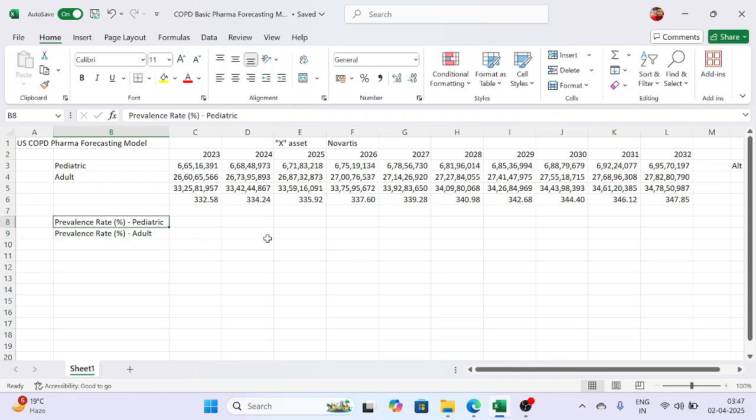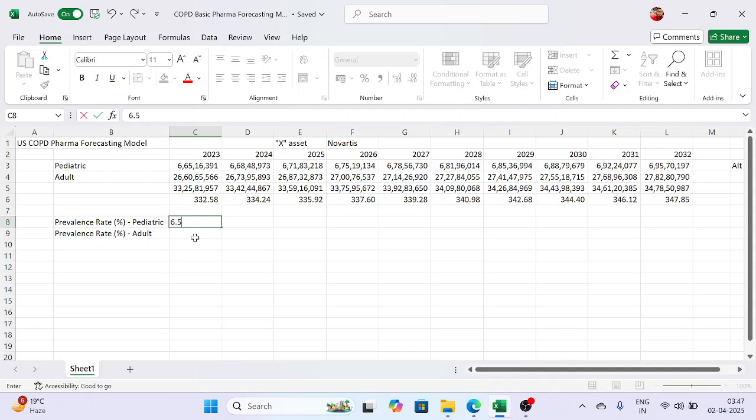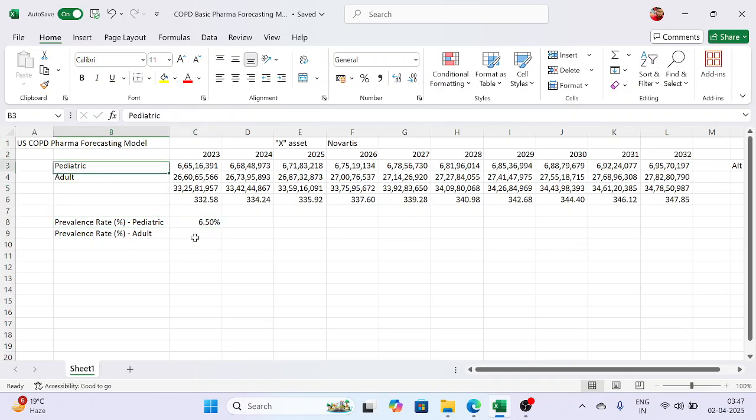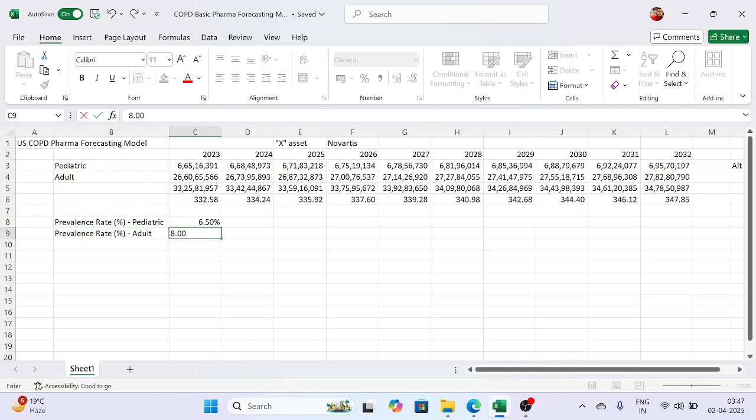So here I'm focusing more on the Excel based forecasting part. I'm not focusing on the secondary part. We will do that later. So let's first understand how we can prepare a basic model so that whenever there is any assignment, you can work on it, or you can use a similar type of model. So let's assume the US prevalence rate among pediatric for COPD is around 6.5%, and similarly around 8% for the adult.